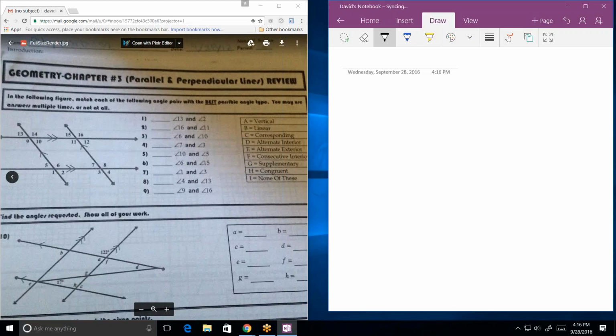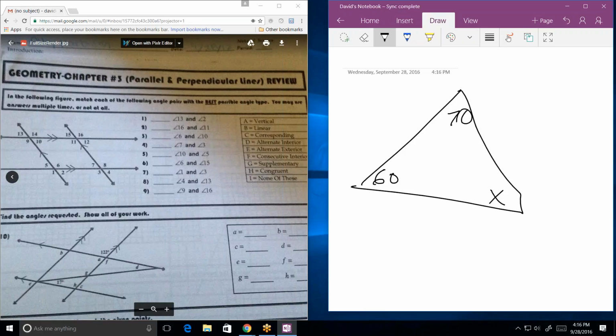Because not only do linear pairs and supplementary angles add to 180, but so does the sum of the angles of a triangle. In other words, if I give you a triangle and I say this is 60 and that's 70, what is x?